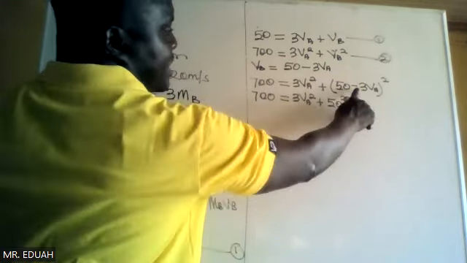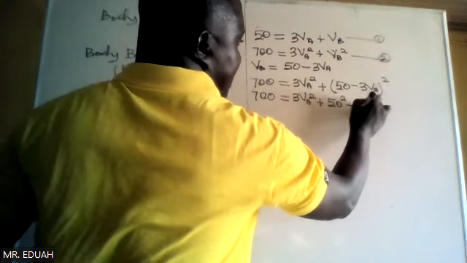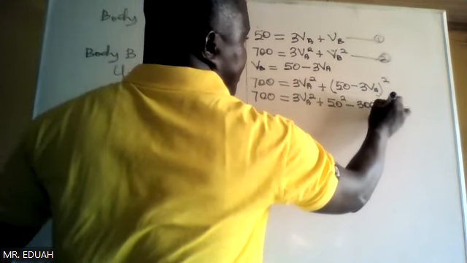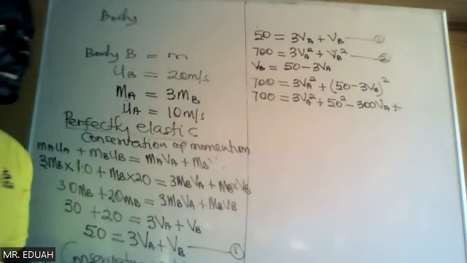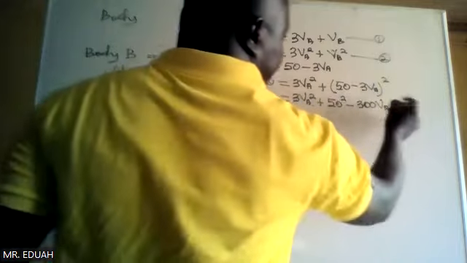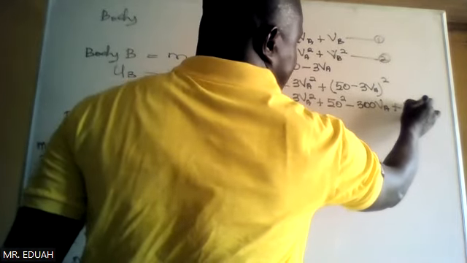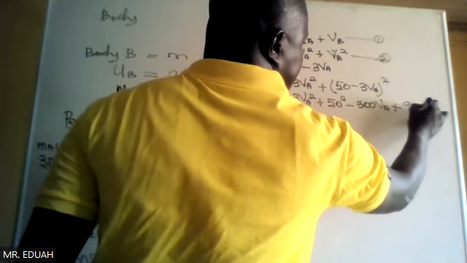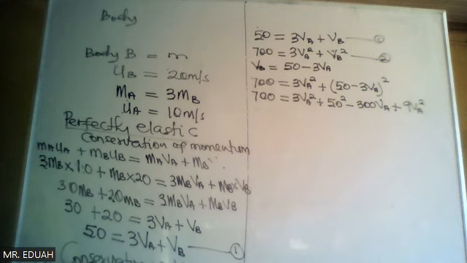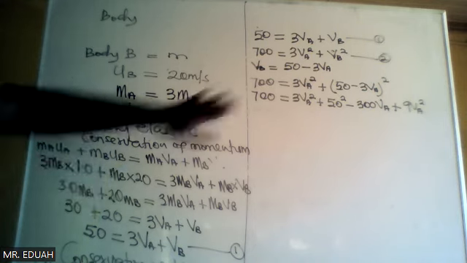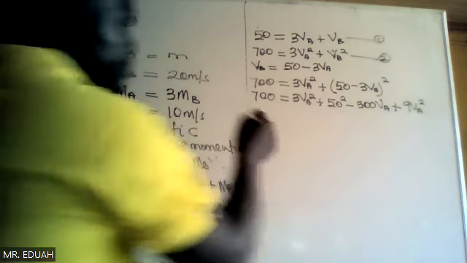So we have 300VA. Plus 3VA squared. When we square 3, we have 9. So 9VA squared will be the square of negative 3VA. So that's the expansion of this one.